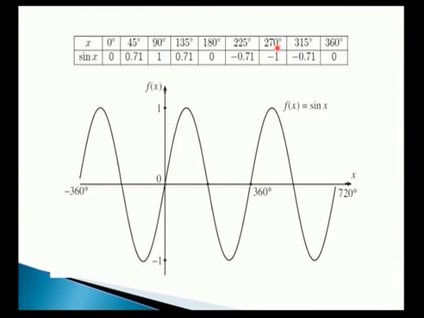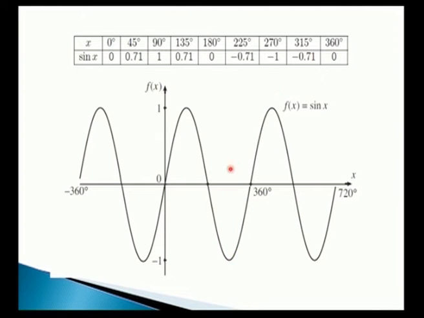Then increase it to 270, then sin x value becomes minus 1. It has reached the negative maximum. So, the function has reached the positive maximum at 90 degree and negative maximum at 270 degree.